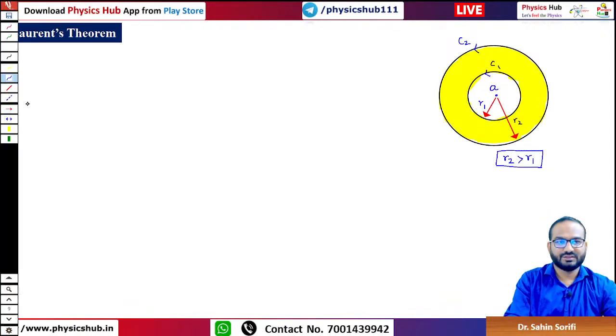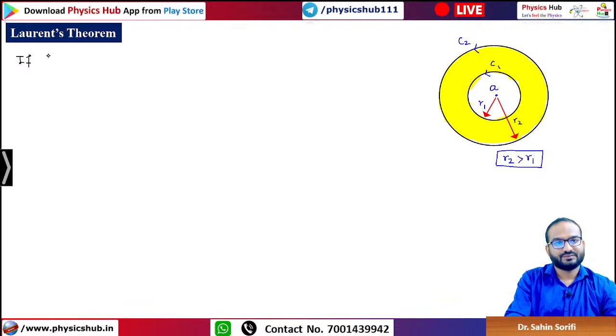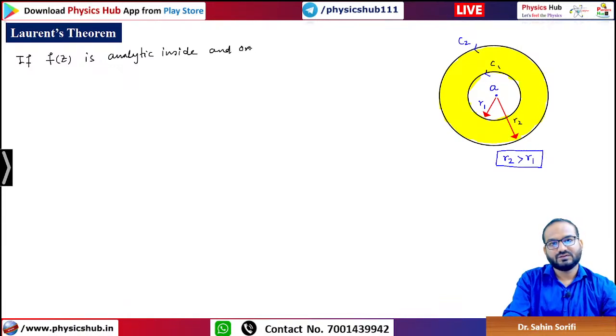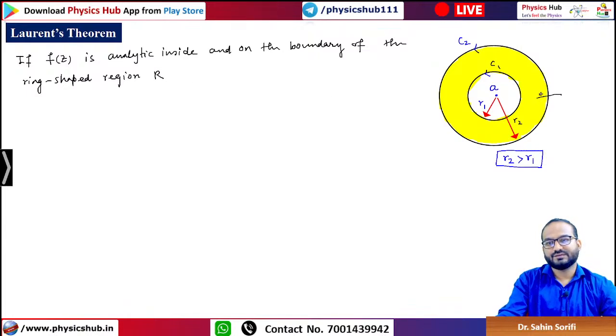So write a few things, whatever I have just said. If f of z is analytic inside and on the boundary of the ring shaped region R, so this is your R, bounded by two concentric circles.